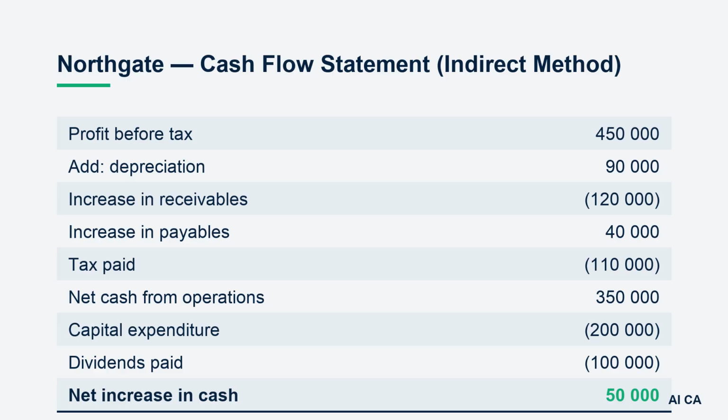Tax paid of 110,000 gives net operating cash flow of 350,000. Capital expenditure was 200,000 and dividends paid were 100,000, leaving a net increase in cash of 50,000. That 50,000 ties directly to the movement in cash on the closing SOFP.